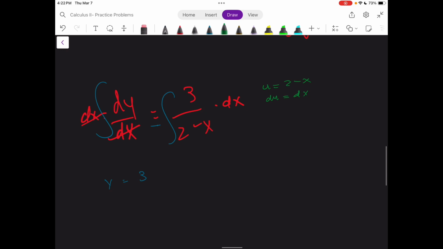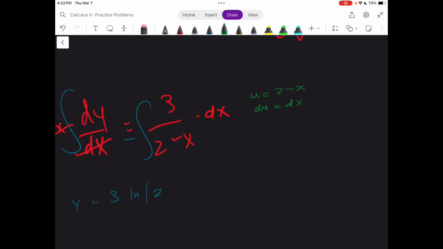So as you get better with this, you could just recognize that it's just going to become 3 ln of the absolute value of, oh, you know what? Du is negative dx because there's a coefficient negative in front. So that means we need a negative inside, so there's going to be a negative out front. So y is actually negative 3 ln of u, and u was 2 minus x.